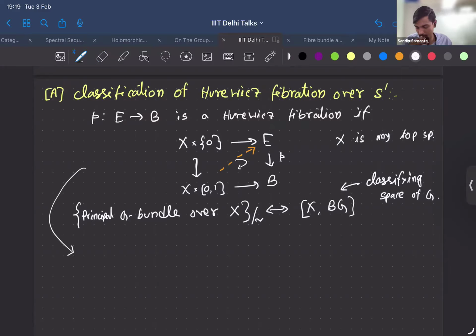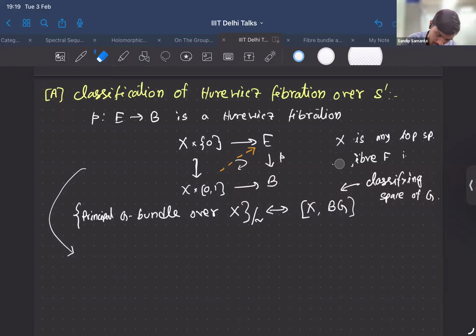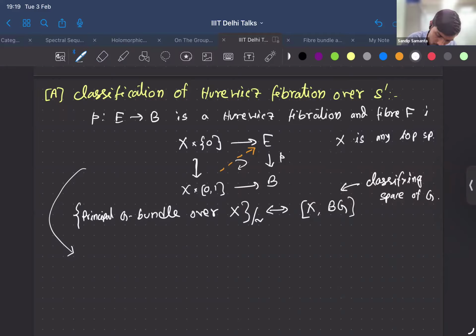For the fiber thing, I also need another piece of information: the fibrations with fiber F. First of all this diagram commutes, and there is a homotopy equivalence from F to p inverse of star, where star is some point in the base whose inverse image is homotopy equivalent to the fiber F. Okay, so this is the fiber thing.